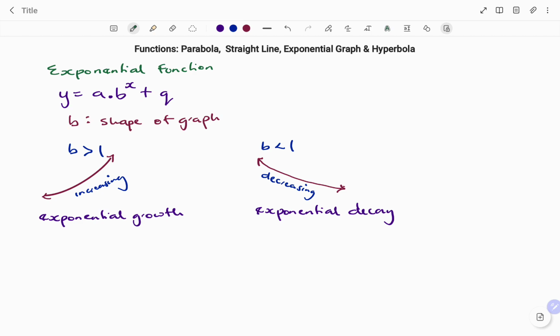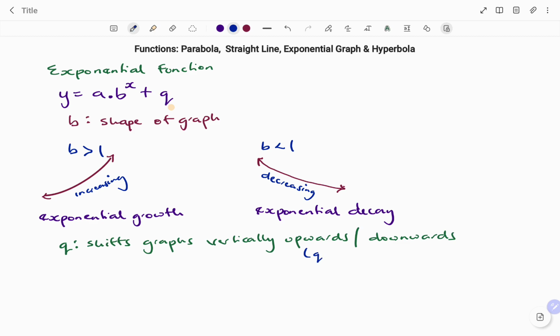Note that the value of q, as shown, shifts the graph vertically upwards or downwards. So if the value of q is greater than 0 or positive, it's going to shift the graph upwards. So for upward shift, I have q greater than 0. And for downward shift, I have q less than 0.